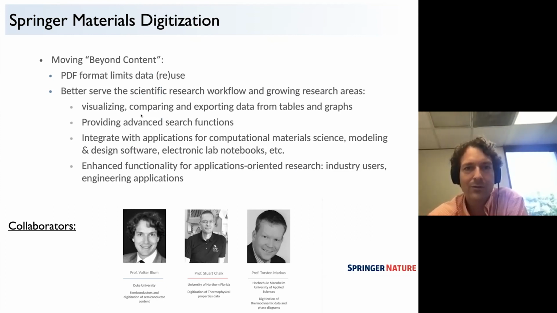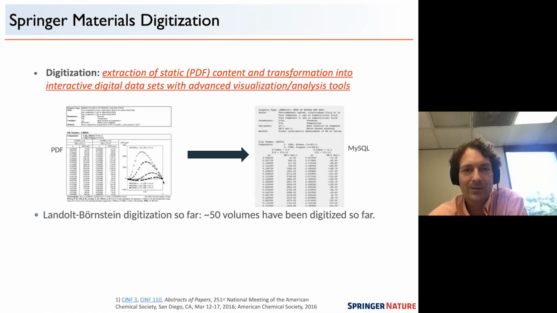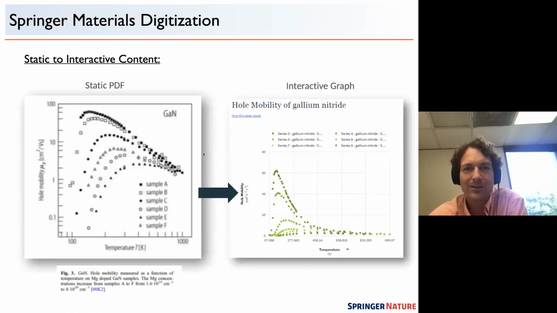So we did that for a few years, and other people in academia are also involved with Springer Materials on other volumes to work on Landolt-Bernstein data and make them digitally accessible. So you get from this format here to a MySQL format, and then eventually from the PDF format to something that is much more easily accessible as data in an interactive graph.